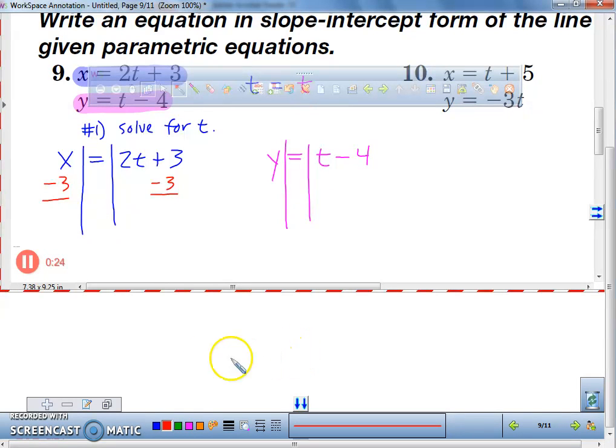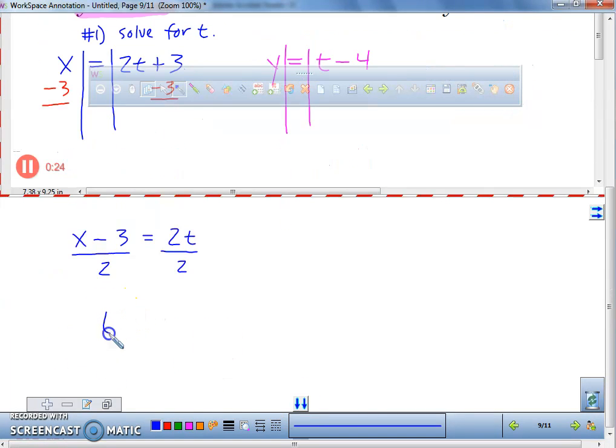The next thing you're going to do, I'm going to rewrite it. x minus 3 is simply x minus 3. Can't combine them, not like terms. 2 times t. And then you can divide this side by 2 and this side by 2. So right now, I'm going to say t equals x minus 3 over 2. I'm going to leave it like this.